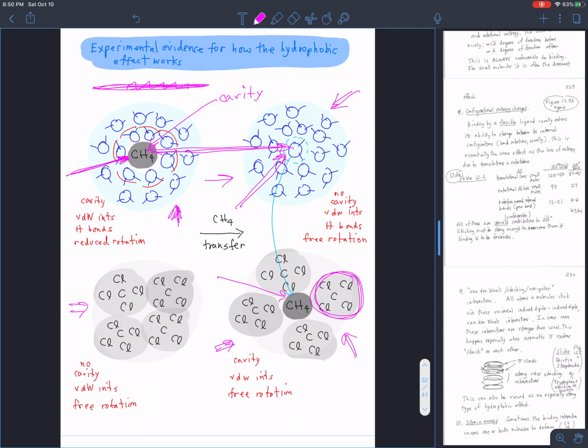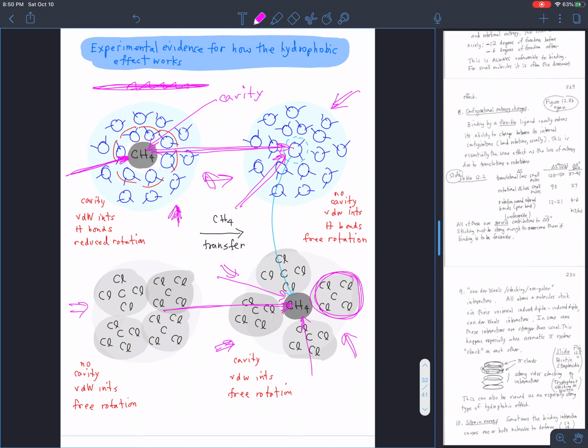By the same token, though, going from the pure carbon tetrachloride to the methane dissolved in carbon tetrachloride, you have to open a cavity in the CCl4, and that also costs some energy. Those energies are kind of a wash. What you cost down here, you gained up here, so there isn't very much net effect from the cavity formation, at least not in this case, but there can be.